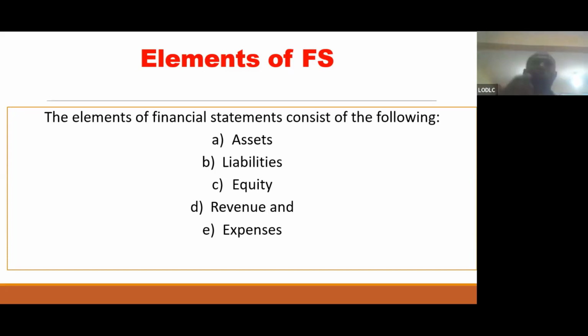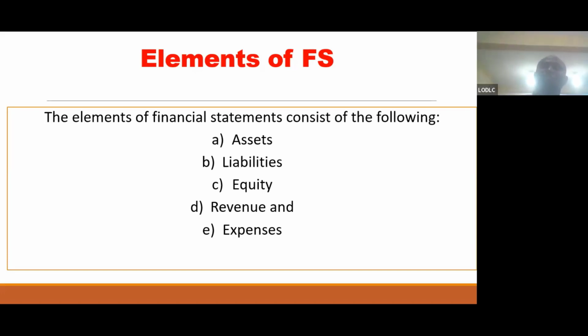Assets can be understood better when you categorize them into two. The first one is non-current assets, which span a very long time, maybe 3, 4, 5 years and more. Then we have current assets, which span a period of within 1 year, for instance cash on hand, cash at bank, and inventory. Those are the current assets.